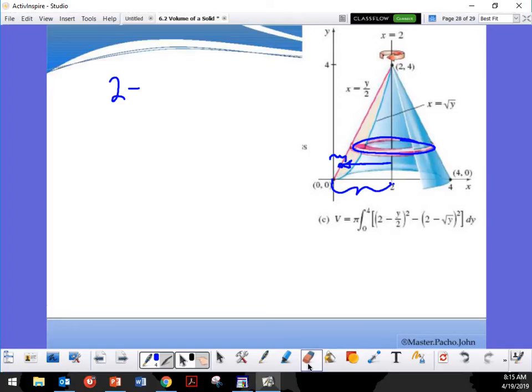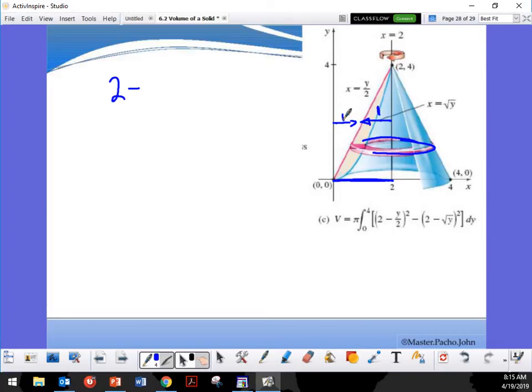Now I'm going to do this again, but I'm going to put it right here at 1, because that's where I think it is. So it would be 2, which is all of this, minus, for this one right here, if I say this is 1, that means there's also 1 on this side. So the whole thing would be that.